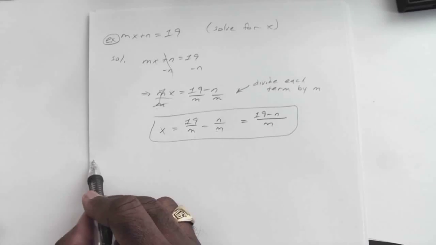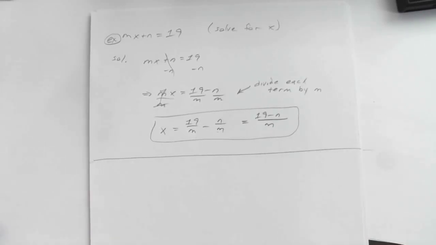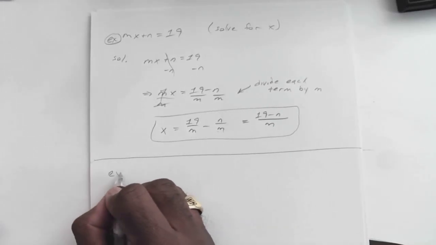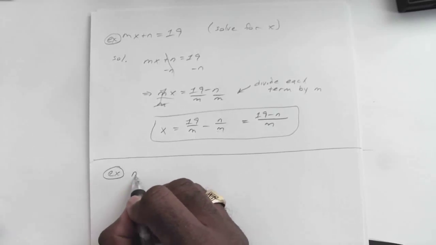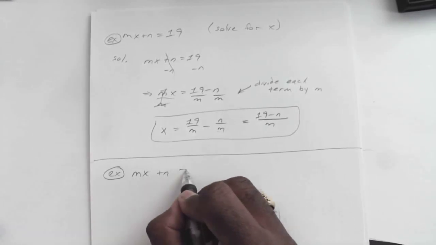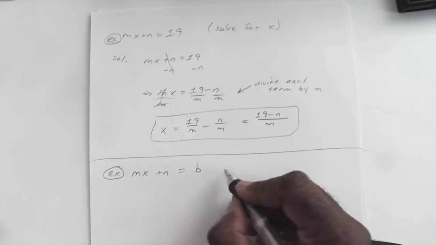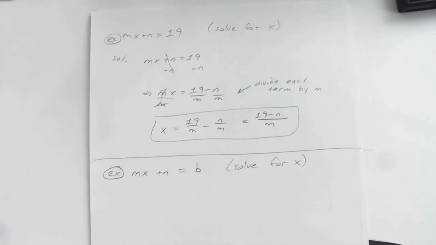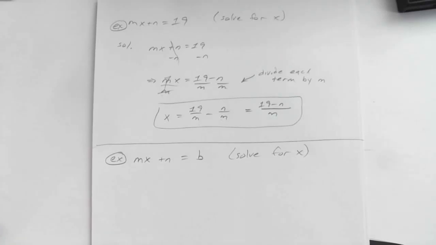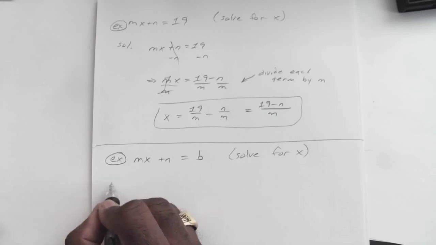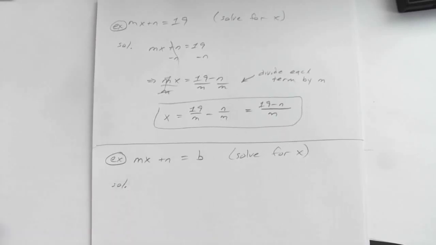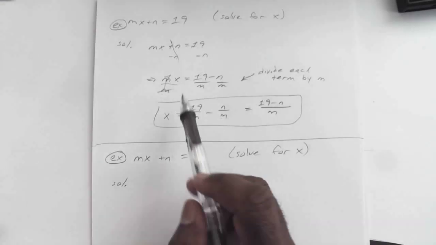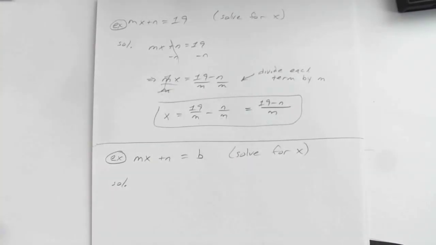All right, so let's say if we got rid of all numbers completely. So we have mx plus n equals b. And we want to solve for x. Okay, so we do the exact same thing we do up here.